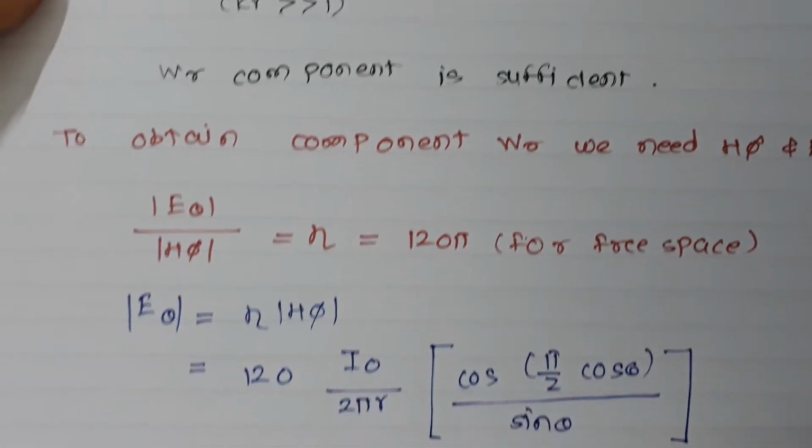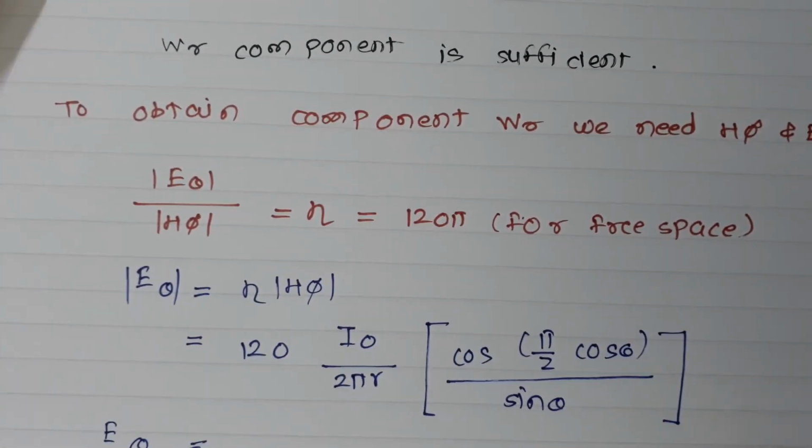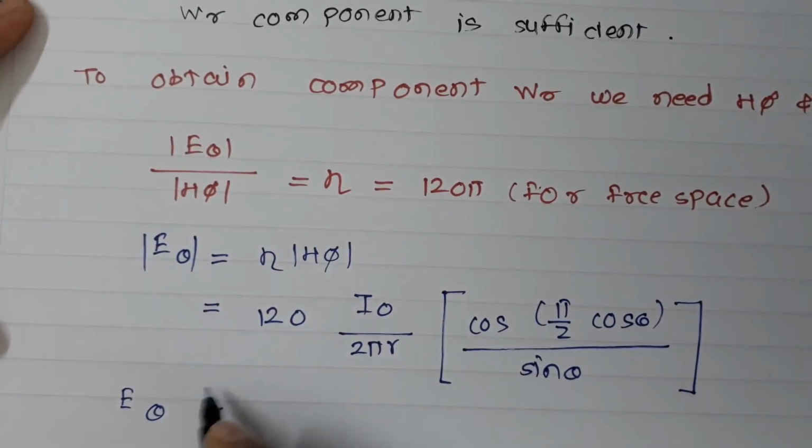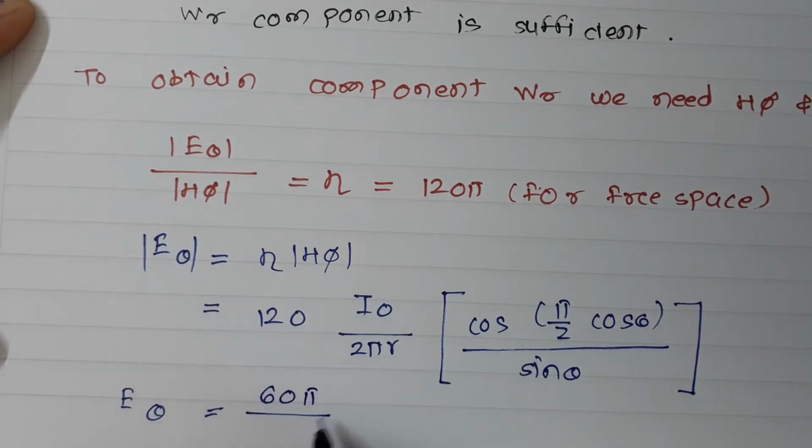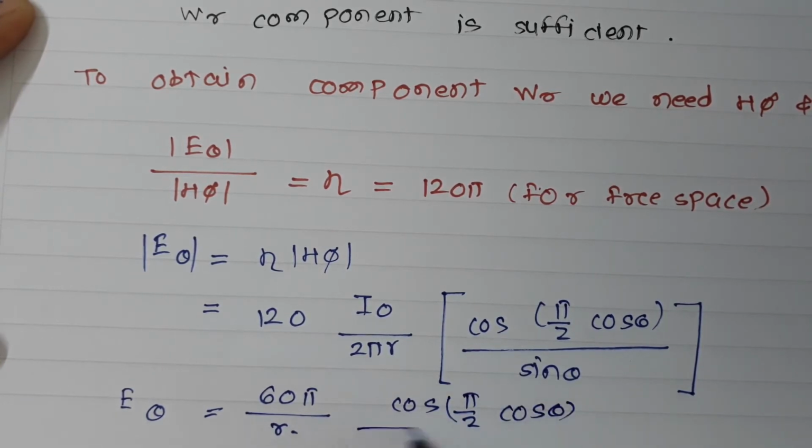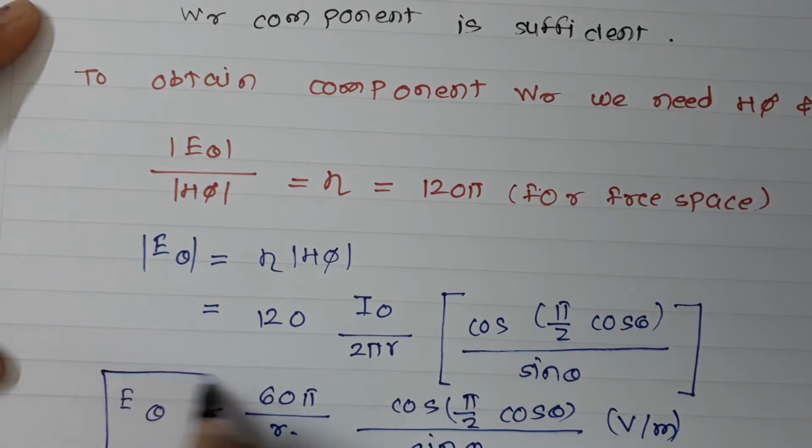Using this equation, E theta can be written as 60 pi I0 divided by r, cos of pi by 2 cos theta divided by sine theta. The unit will be volts per meter. So this is how I can calculate E theta.